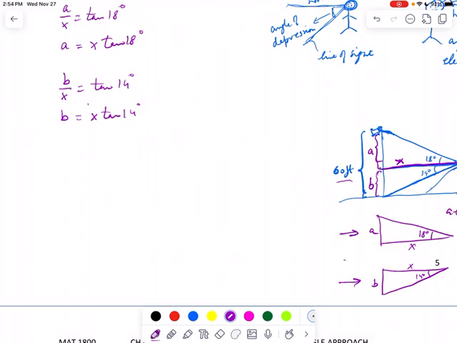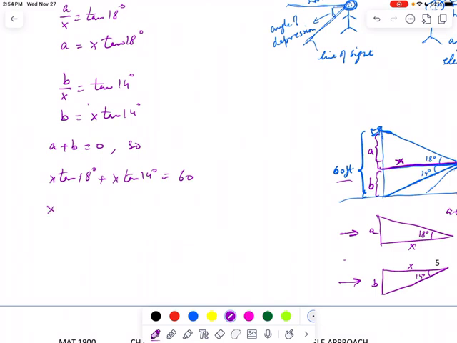So now that we know that A plus B is equal to 60, so we can say x times tangent 18, which is A, plus x times tangent 14, which is B, is equal to 60. So it's not that bad.